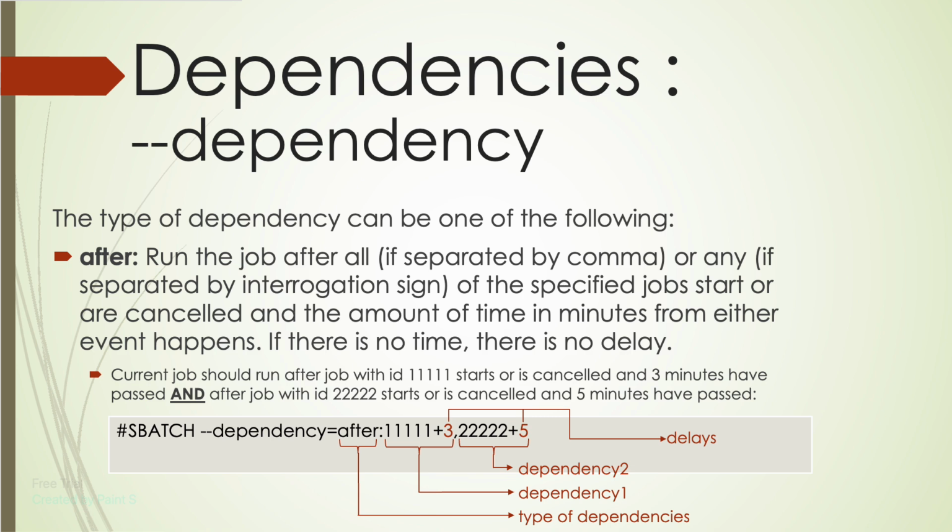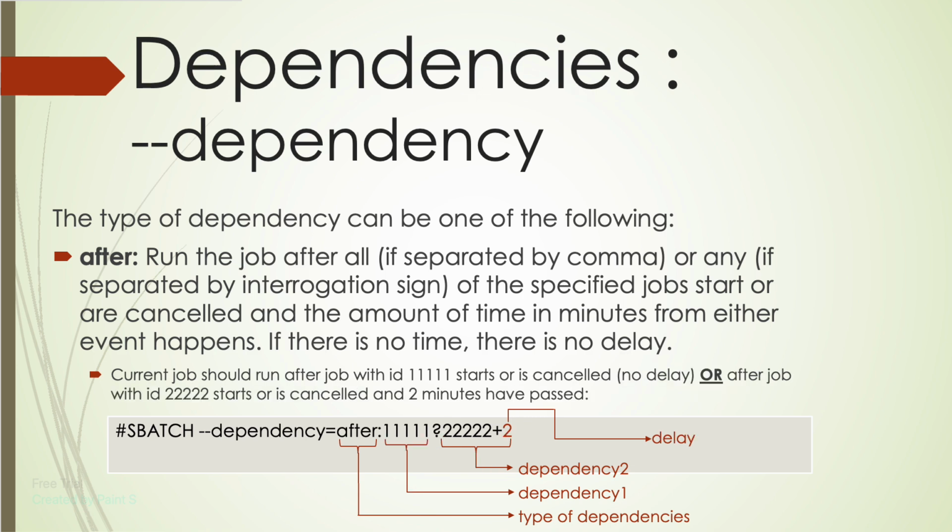Let's look at another example for this type of dependency. In this example, a couple of things changed with respect to the previous example. First, the dependencies are separated by question mark instead of comma. So this job will start running as soon as any of the dependencies are met.